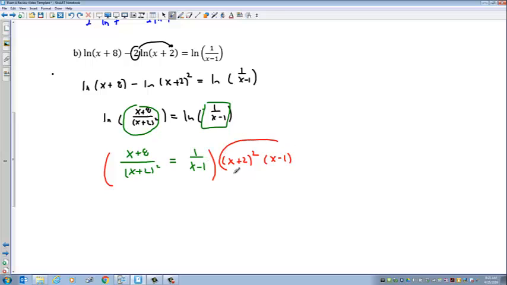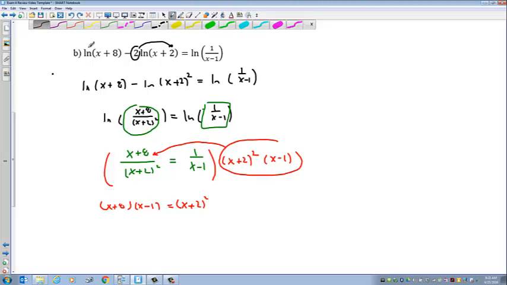So when you take this times that, these two things cancel, and you just get x plus 8 times x minus 1 on the left equal to, and then on the right, these two things cancel, so you just get x plus 2 quantity squared on the right. And then we're going to multiply these things out. So what I have now is really a quadratic equation. So I went from a logarithmic to a rational to a quadratic equation.